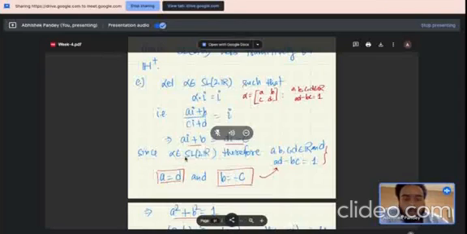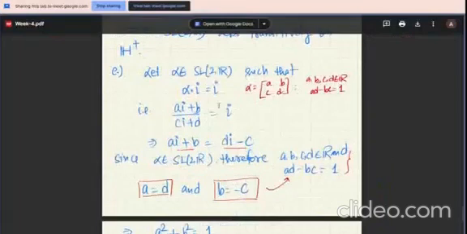Since alpha belongs to SL2R, therefore AD minus BC is equal to 1. So you just compare the real and imaginary parts here. You will get A equals D and B equals minus C. So AD minus BC is A square plus B square, which is equal to 1.